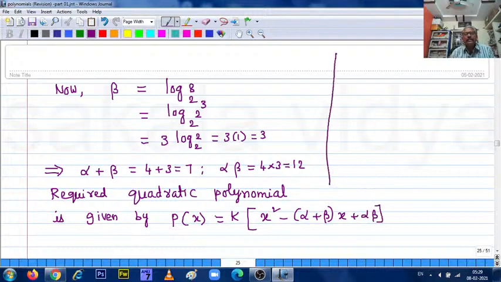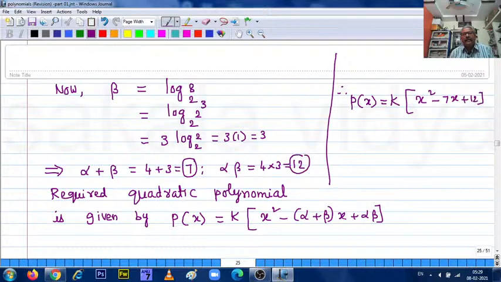So we get p of x equals k times x square, alpha plus beta is 7, so minus 7x, alpha beta is 12, so plus 12. Actually here k does not equal 0.